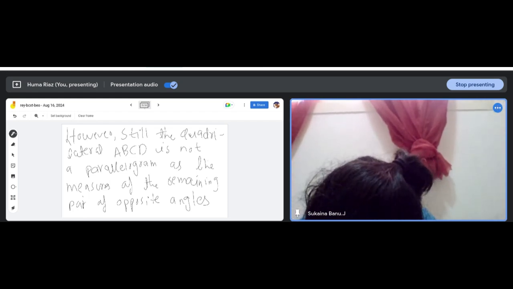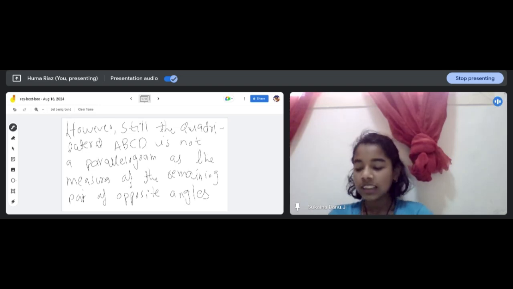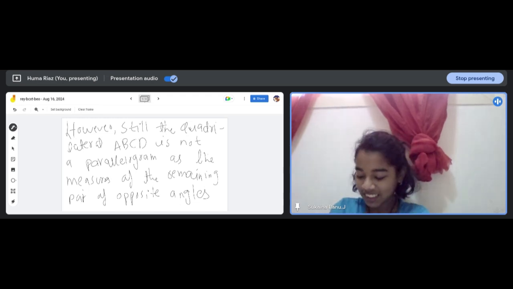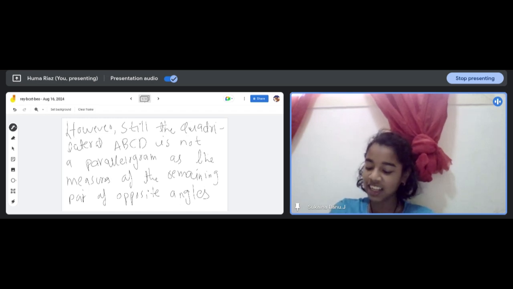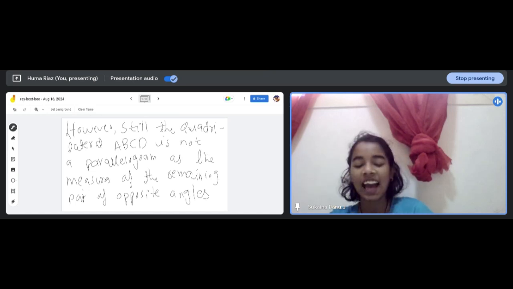Done? Yes. Can you tell me what we learned in today's class? Today we learned about vertically opposite angles, like when x equals 90, how to solve it, and about the angle sum property. Then we also learned how the opposite angles measure the same, including the corresponding angles.